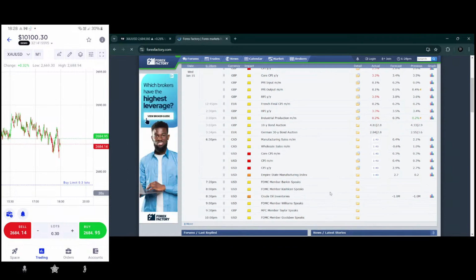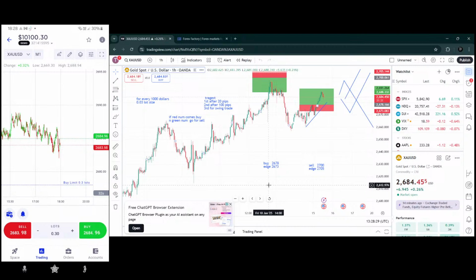Almost 1 minute 38 seconds are left, and the market is ready to move. Now as you can see on mobile, the market is moving very fast.